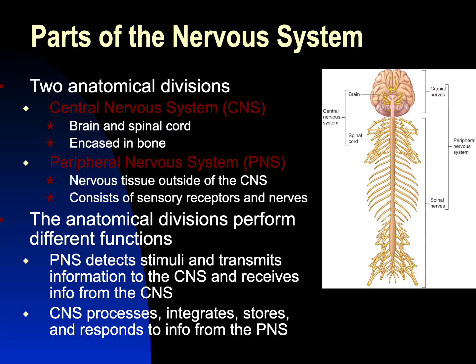The peripheral nervous system detects stimuli and transmits information to the central nervous system, and then it receives motor input from the central nervous system and carries that to effectors. The central nervous system is going to process, integrate, and store information, responds to information from the peripheral nervous system, and sends information out to it.